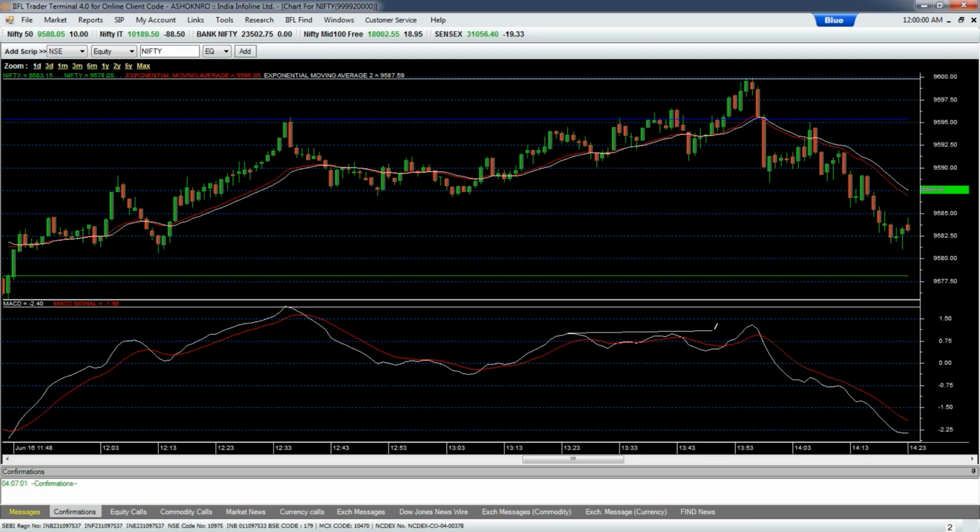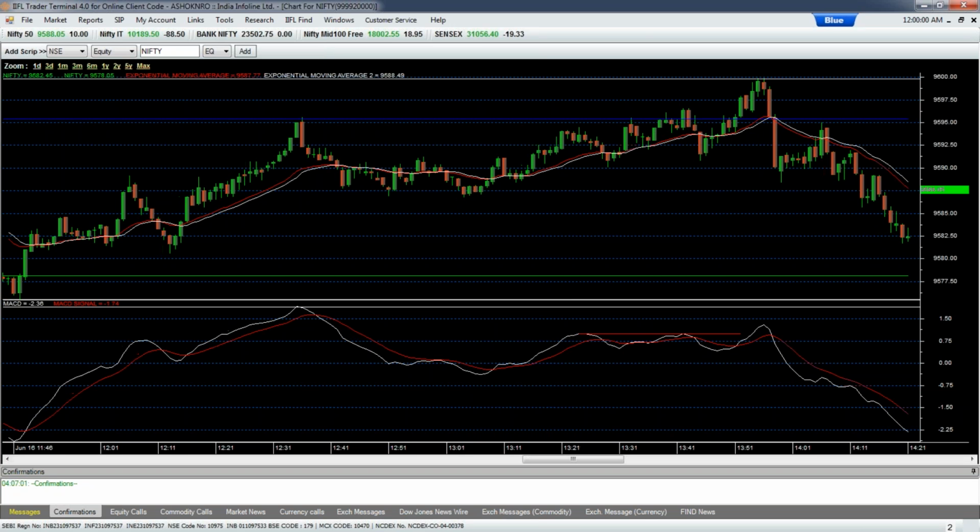So if we draw a trend line touching the top, and this is touching the top and this is almost touching it or it is a bit lower, it means that the speed of the market is going down.